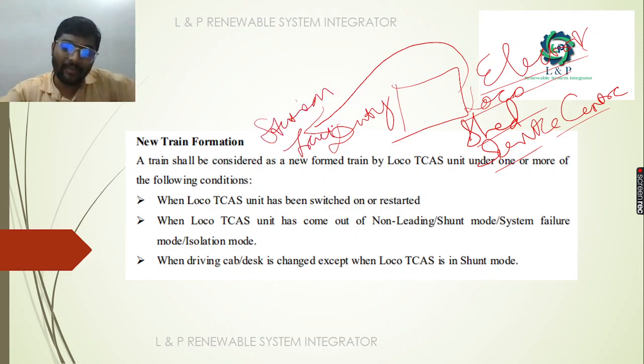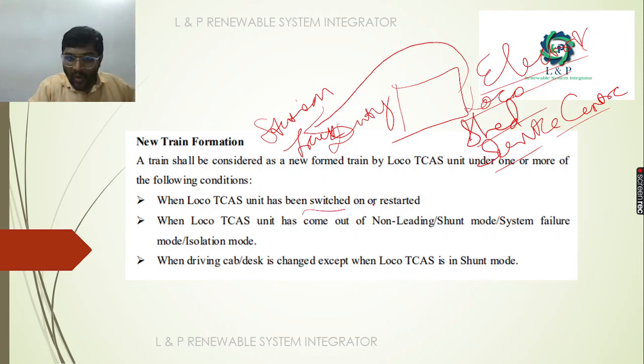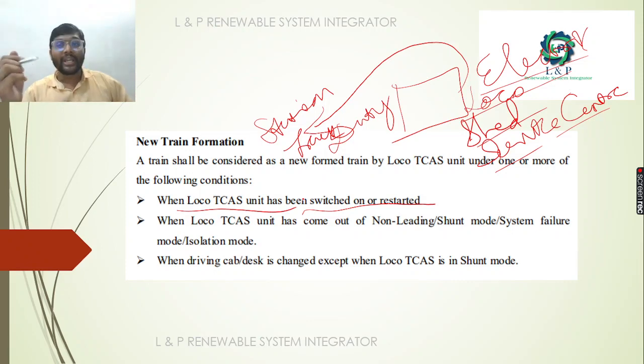track. It means that when it comes to the track and we switch on or restart the loco train collision avoidance unit, we come to know that a new train has been formed. We will come to know that we are receiving a new signal. When it is powered off, we don't receive any sort of signals; we just know some train is there, that's it.